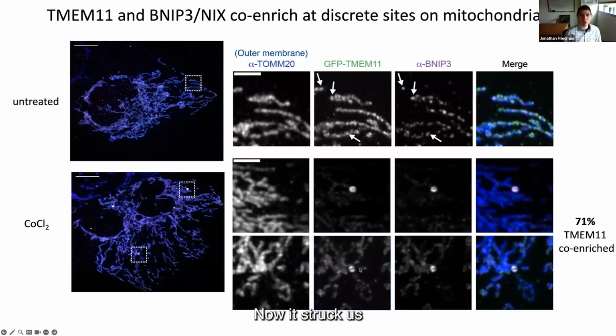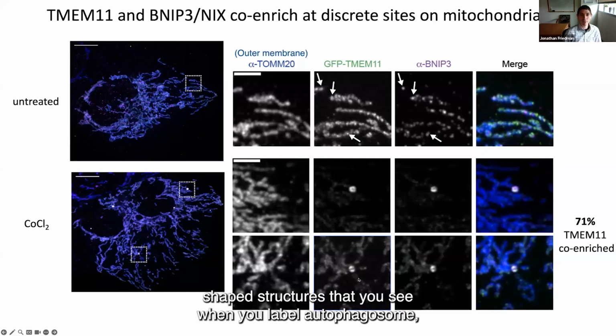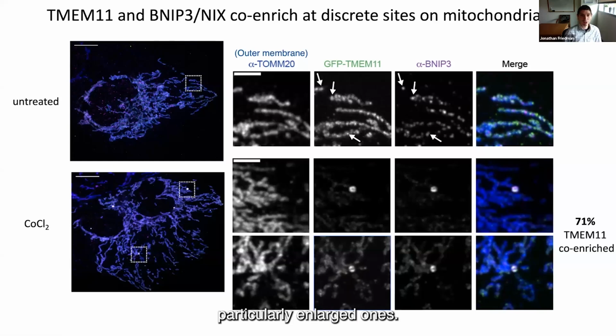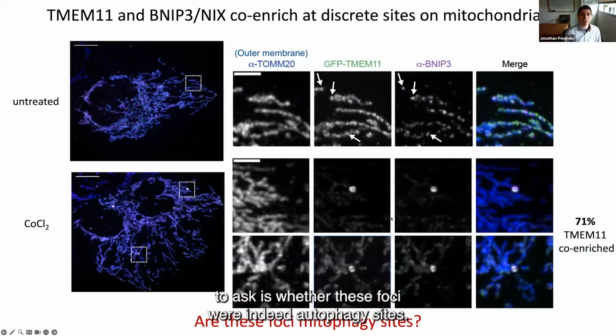Now, it struck us that these circular structures look a lot like the ring-shaped structures that you see when you label autophagosomes, particularly enlarged ones. And so we didn't think that this was a sequestration event, but to rule this out, what we wanted to ask is whether these foci were indeed mitophagy sites.